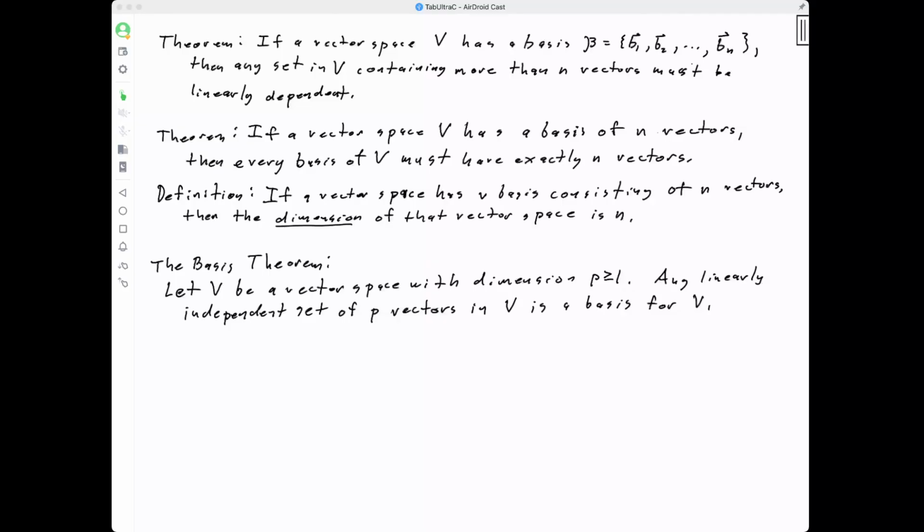So if you know the dimension, it allows you to more easily show that a set is a basis, because you don't have to prove that the span is all of the vector space. Instead, you can say, I know the vector space has this dimension, and I can show that this set of vectors is linearly independent, so this set of vectors is a basis.